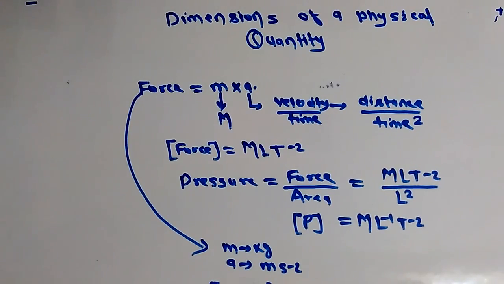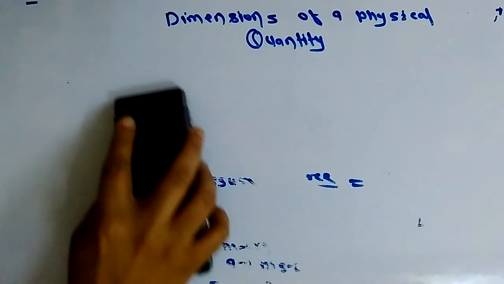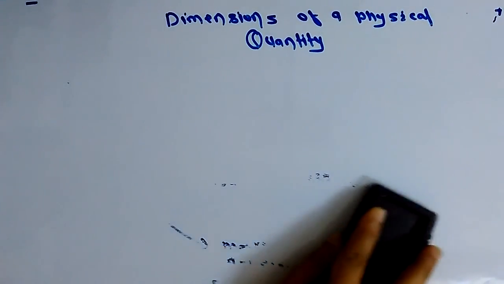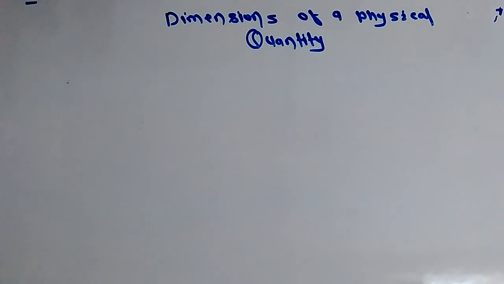So we have seen how to calculate the dimension of any physical quantity, whatever it is. What information do we get from the dimension formula?